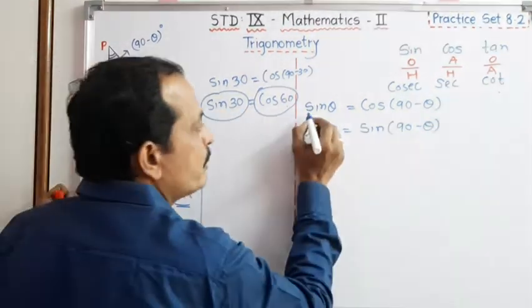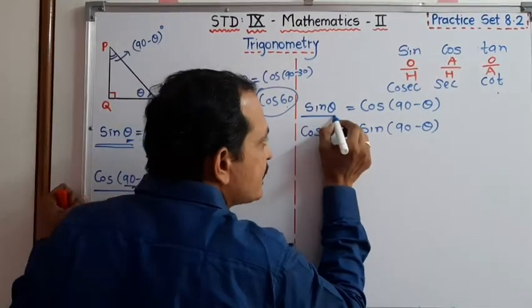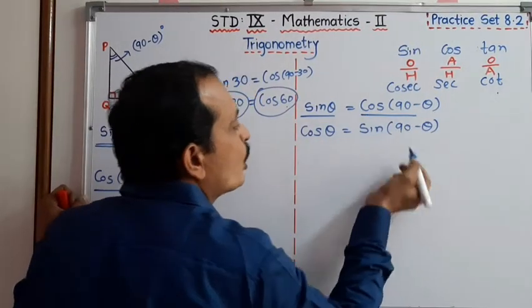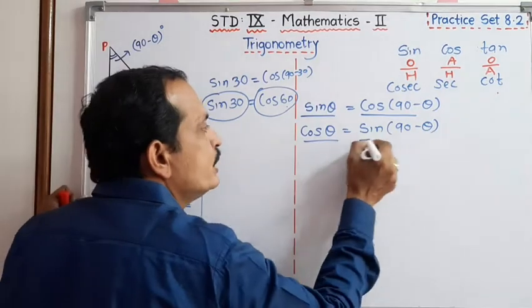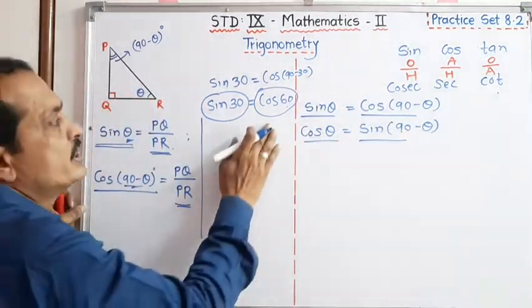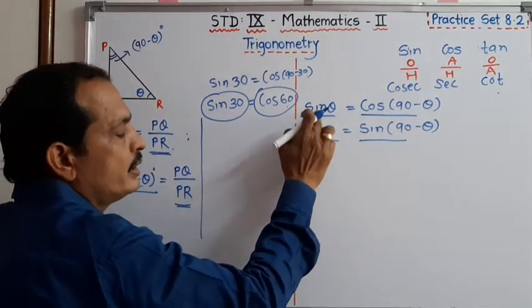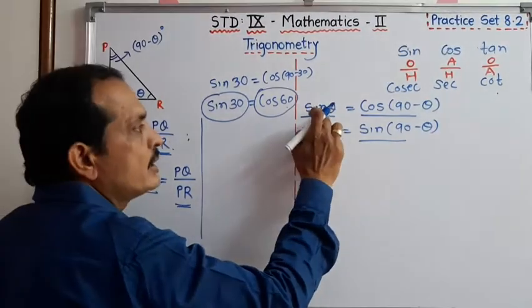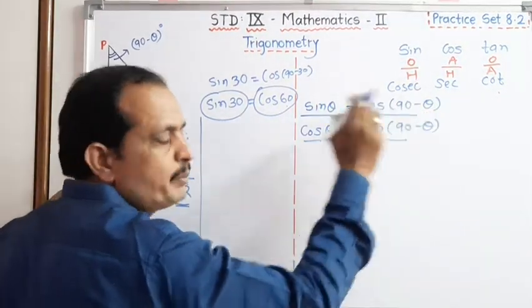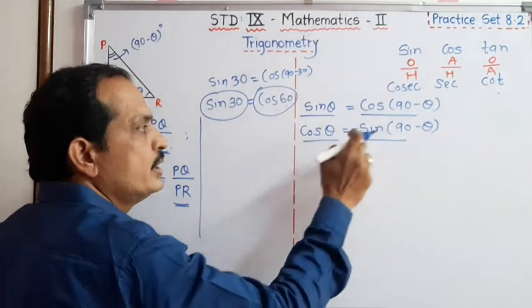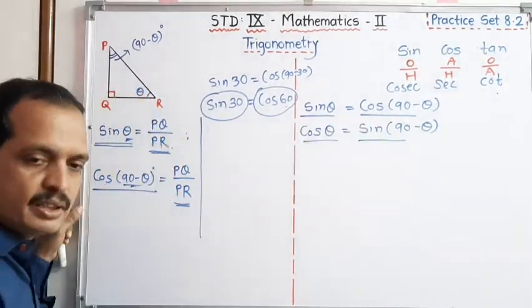Therefore, dear student, remember, we can convert sine into cos, or we can convert cos into sine by using this formula, where sine theta is equal to cos 90 minus theta, and cos theta is equal to sine 90 minus theta.